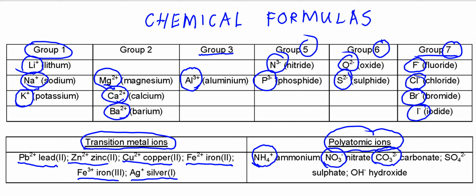And the sulfate ion as being SO4 2-. And finally, the hydroxide ion as being OH-. These have to be committed to memory before we are able to proceed to the next stage of the learning.